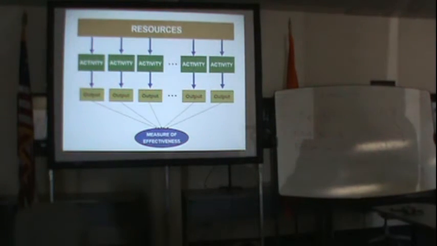Okay, but you cannot add apples to oranges. Then you need to re-express these outputs into a common unit. Many times that's dollars. But you can think about the profit. So you put all the outputs of the activities into a common unit and add them together, and you have the measure of effectiveness.